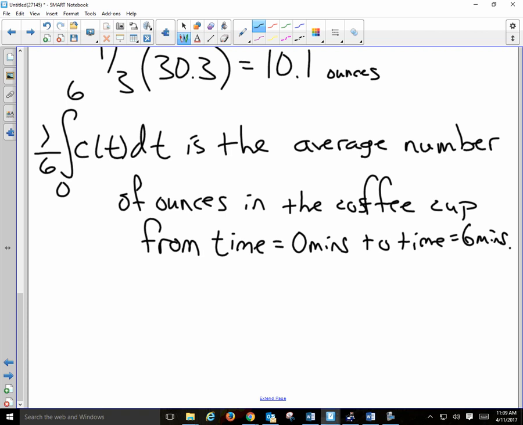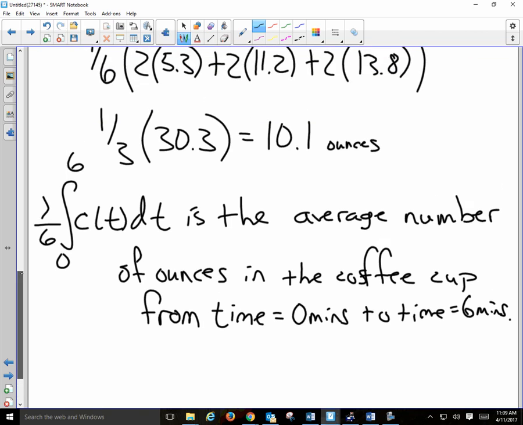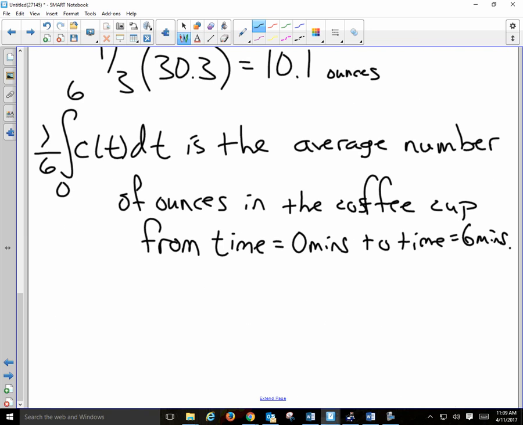If you don't include the 0 to 6, they're going to take points off. Yep. Okay. So let's do D.